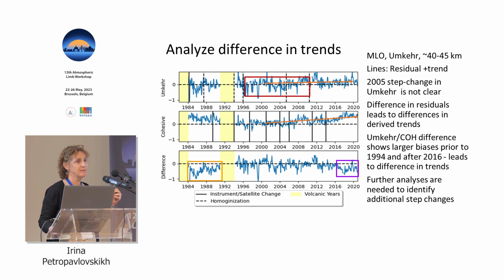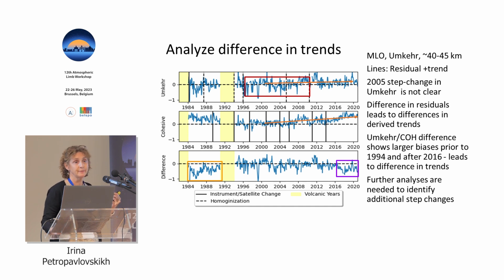I didn't subtract the trends. So you can see immediately that if I put in the lines that show you the trends, there is a difference between satellite and UMKIR. And if you look at the residuals again, this is pointing to a difference in the way we treated the data, and maybe it's the COH record.